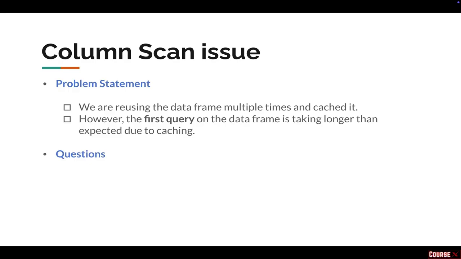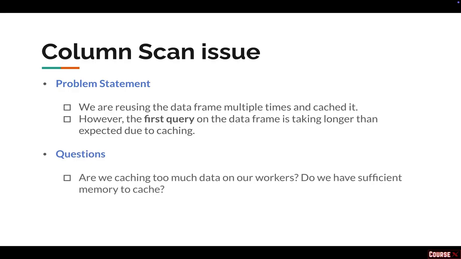They have a few questions. Are we caching too much data on our workers? As the first query is taking longer than expected, they are worried that they might be caching too much data on their workers, and it might cause memory overflow, or a shortage of memory in the subsequent steps and transformations.